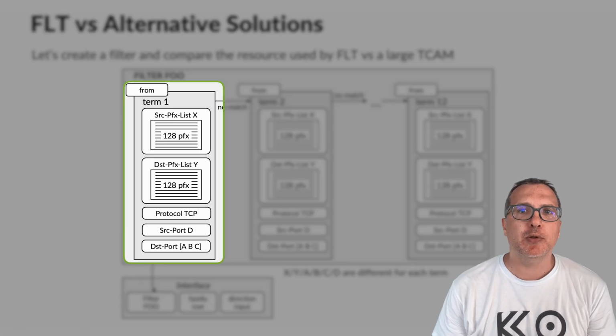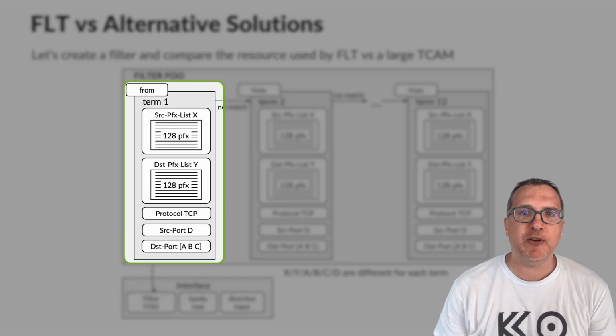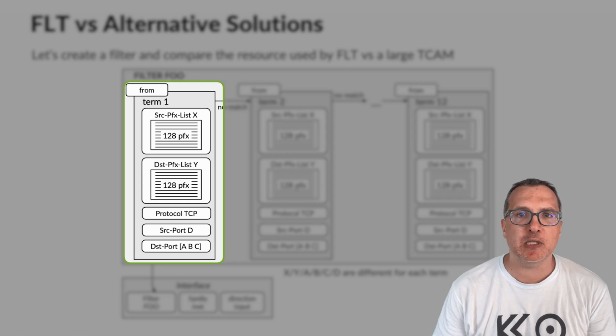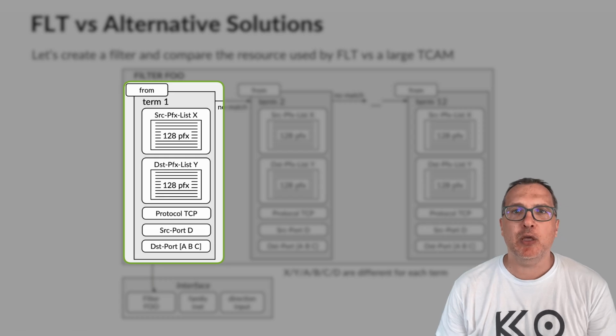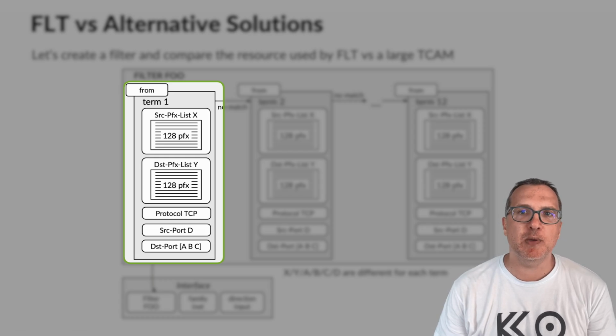Each term contains the following 2 prefix lists, one for source IP match, the other for destination IP match, each with 128 entries. Then we have only one protocol, TCP in our case, 3 destination ports, A, B, C, and one single source port, D.